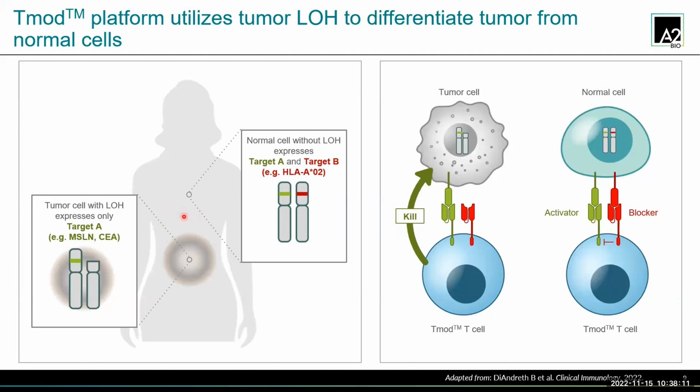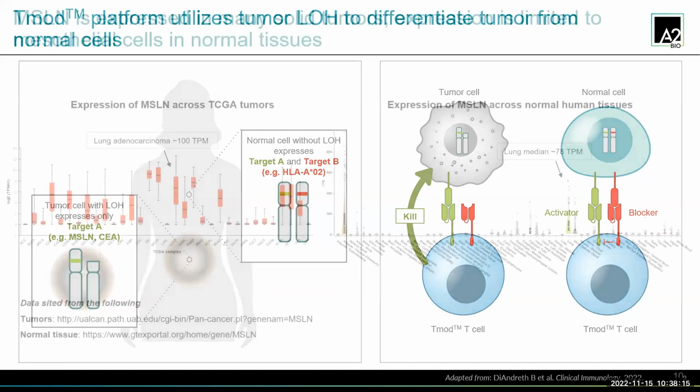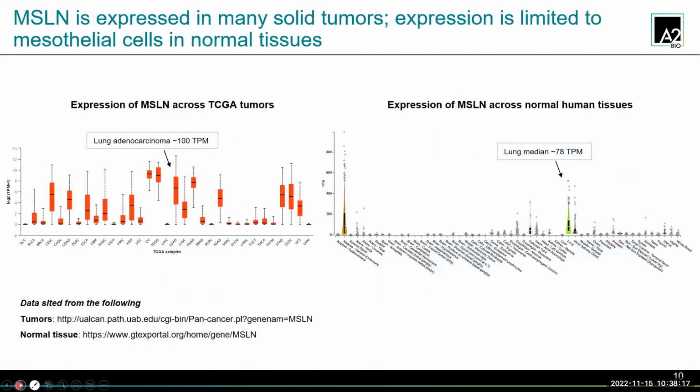But before walking through the data, I wanted to remind everyone why mesothelin is a viable target for solid tumors, especially in the context of TMOD. Mesothelin is broadly expressed across a wide range of solid tumors, as you can see from the TCGA data here.